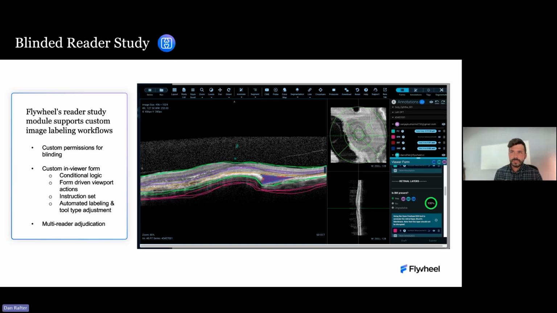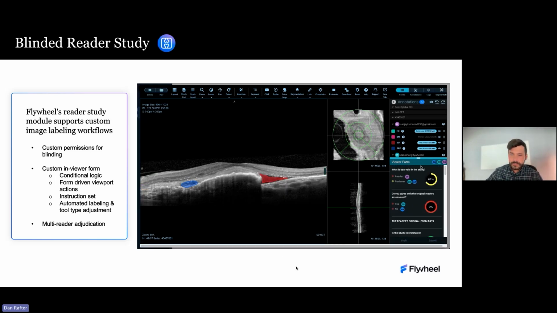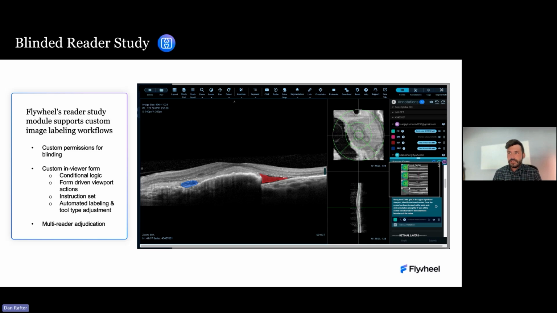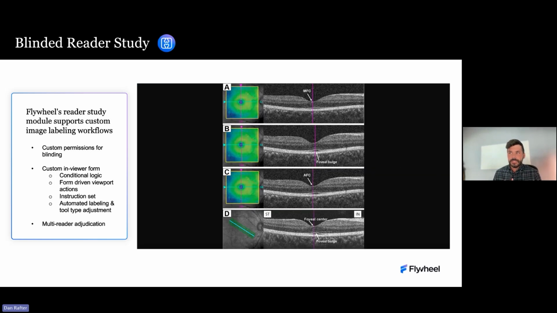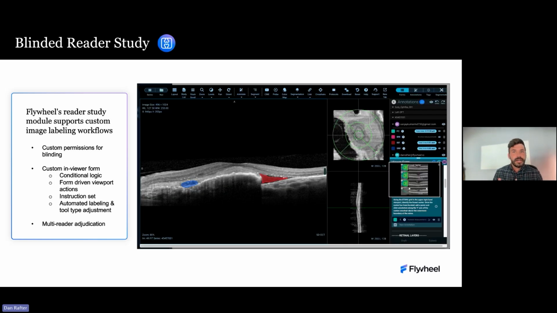I can also get even more in depth around how I'm restricting the ability of the user to do anything that I would not be interested in gathering. So, for example, if I only want them to annotate Bruch's membrane one time, then I can limit it so they can only draw it once. If I wanted to say Bruch's membrane should be above RPE, I can set that.